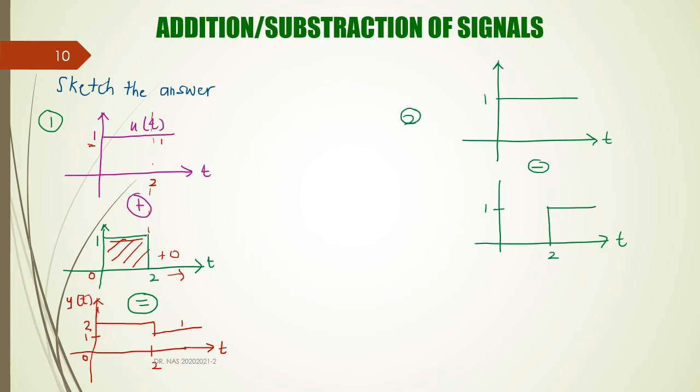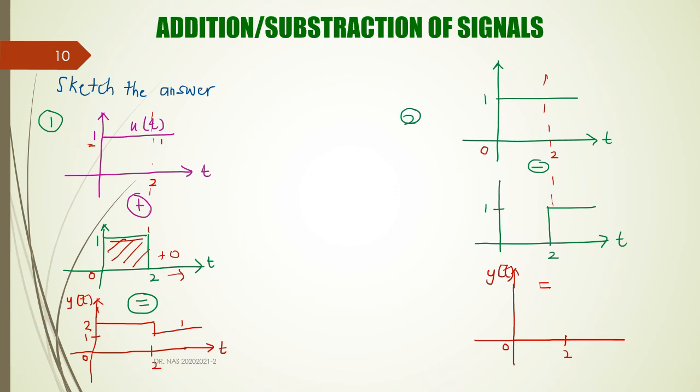Let's look at another example. Again, you have two portions, up to 2. This is again 0 to 2. Let's consider the amplitude from 0 to 2.